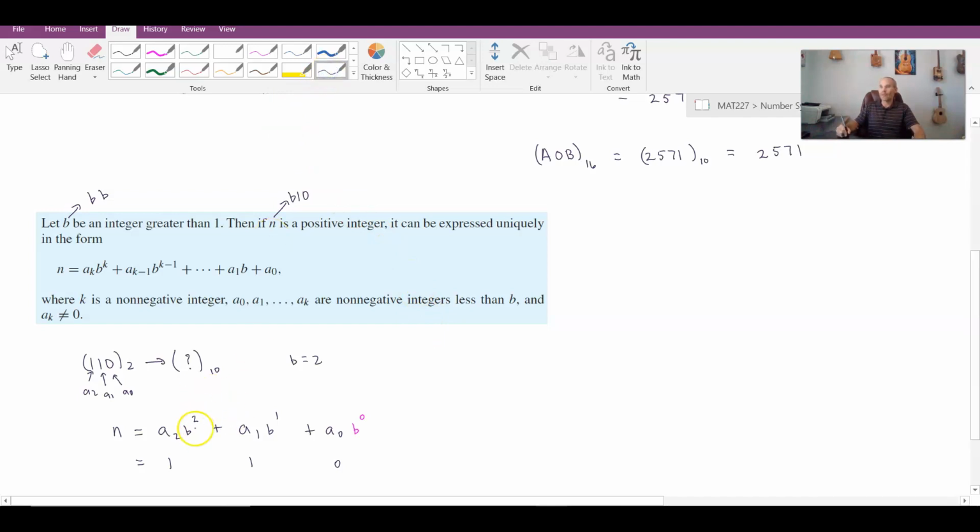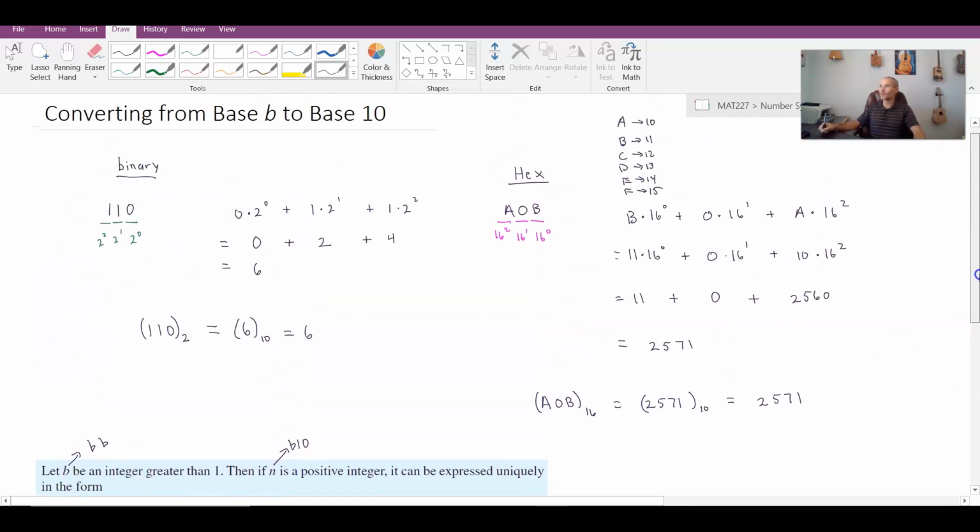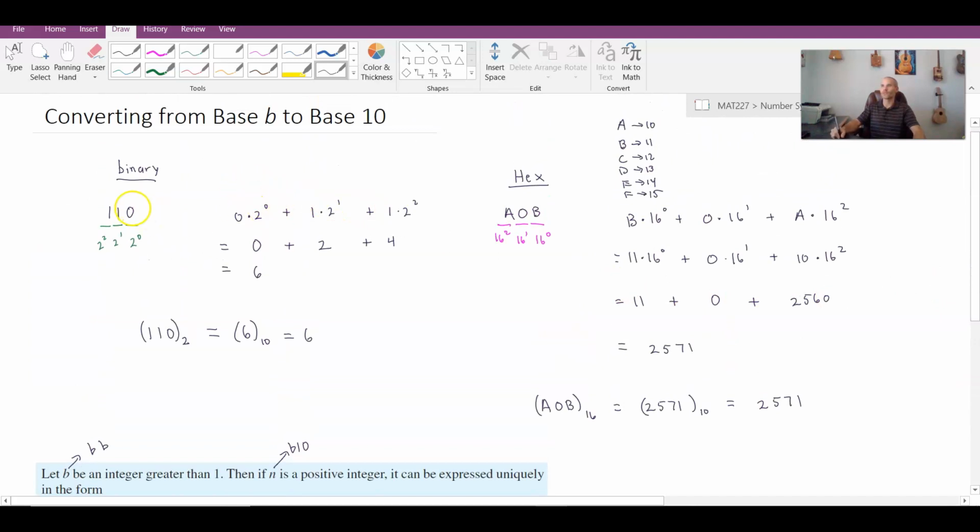All right, so our base in this case we said is 2, so this is 1 times 2 squared plus 1 times 2 to the first plus 0 times 2 to the 0, if I want to write it like that, or I could just leave it as plus 0. And you can see that that's exactly the same computation that we did up here. We just did it in reverse. We started from the rightmost and worked our way to the left.